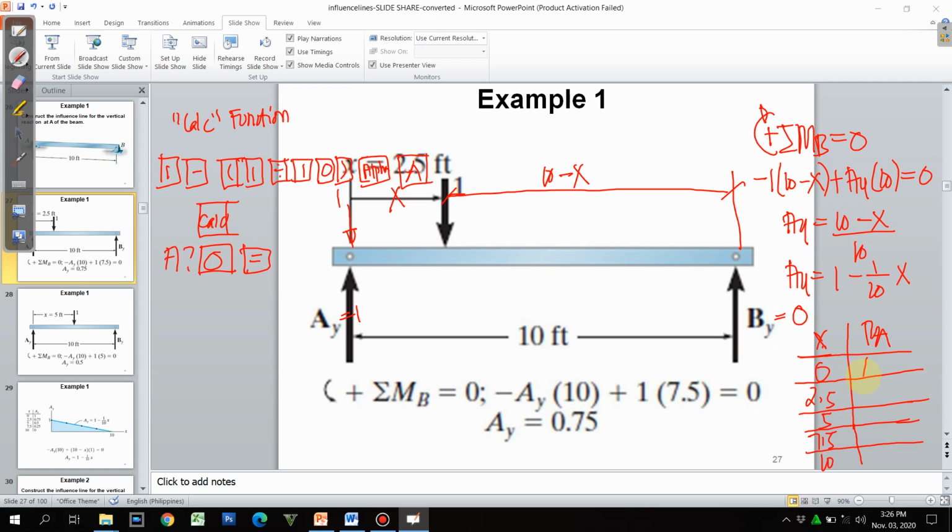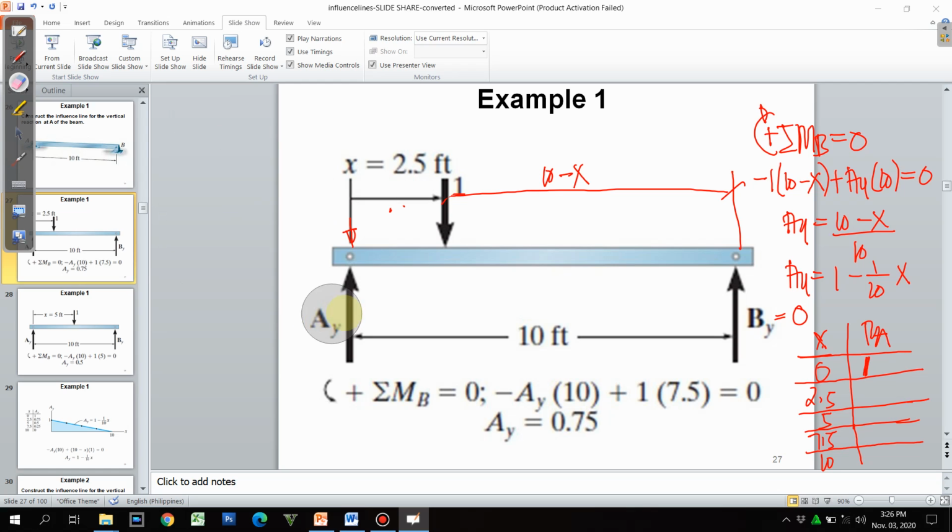When x is 0, RA is 1. Then press equal again, and it will let you change the value of a or x. This time you're going to replace that with the value 2.5. So you will obtain RA for these various values by just taking advantage of the calc function of your calculator.